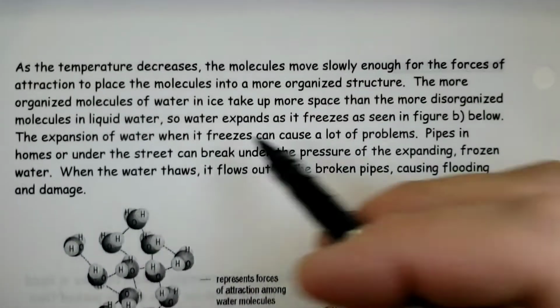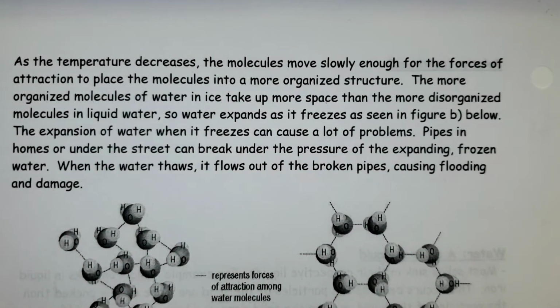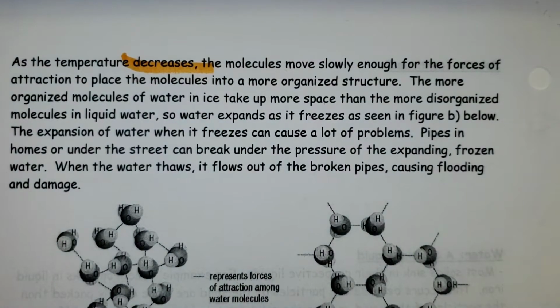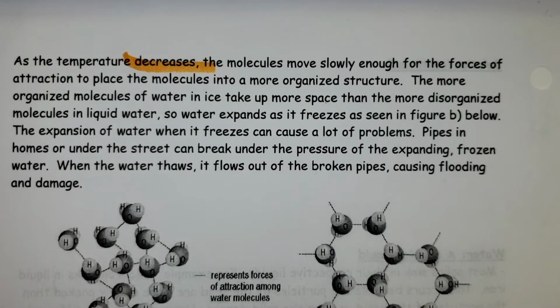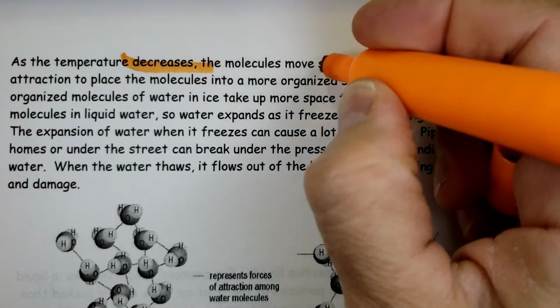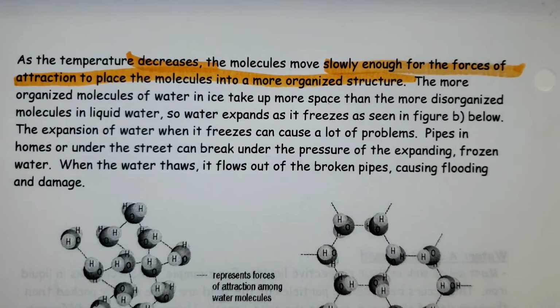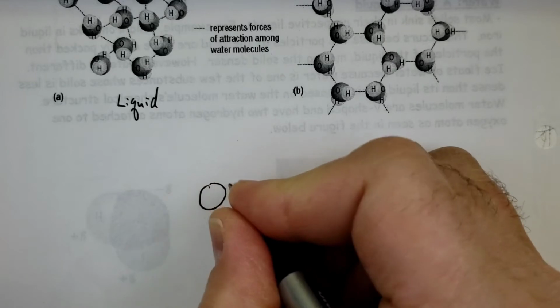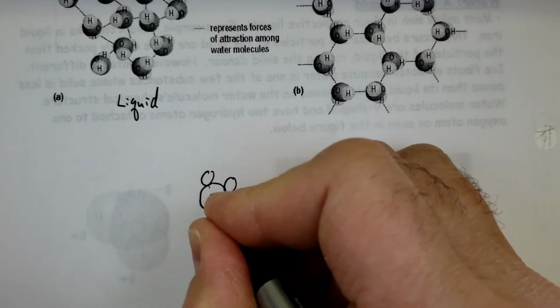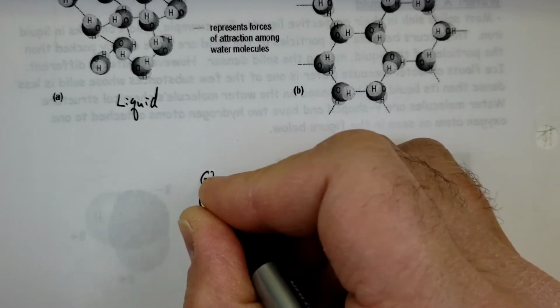As the temperature decreases though, what happens is the molecules move slow enough for the forces of attraction to occur to a great extent. So again, if I just redraw that, so here's your water molecule, right? Looks like a Mickey Mouse head almost.